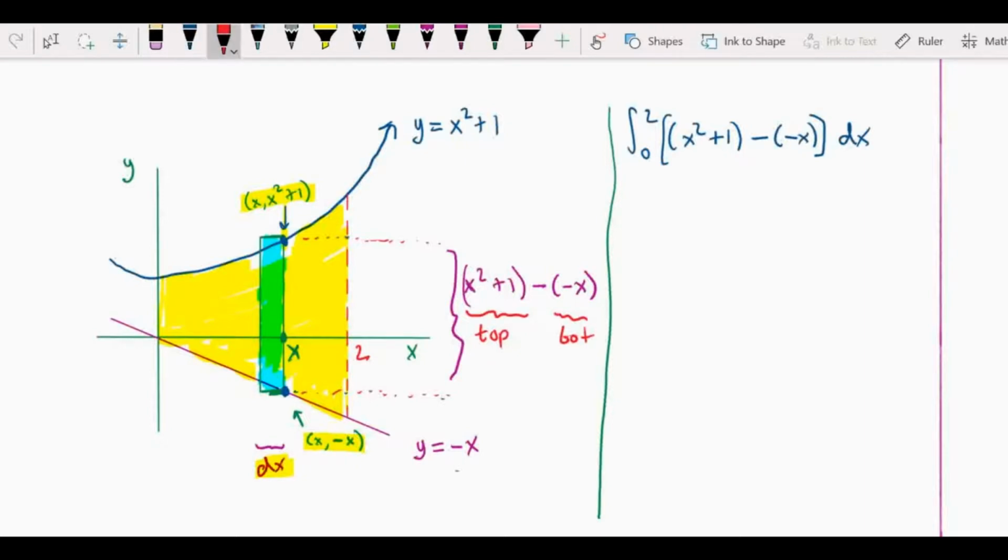So once again, this is the height of the blue rectangle. This is its width, and this is going to be the area of one typical rectangle. And of course, the integral just adds up all of those rectangles to get the full area under the curve.